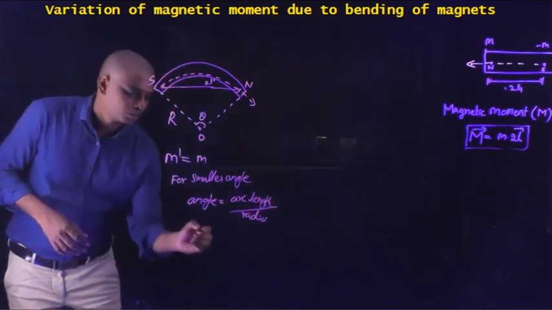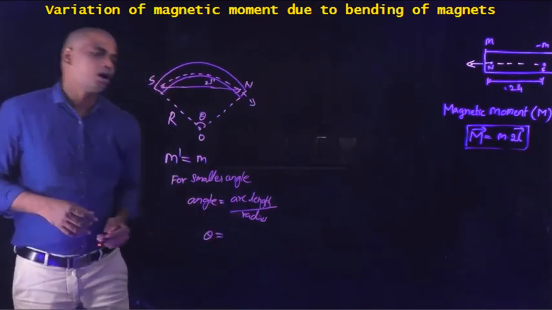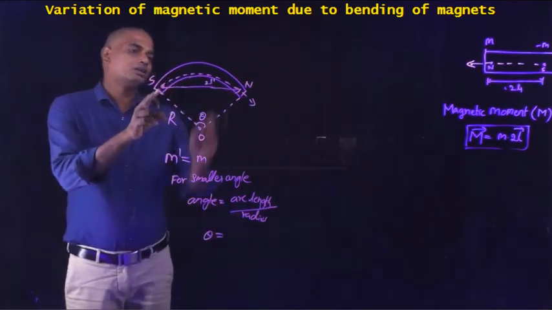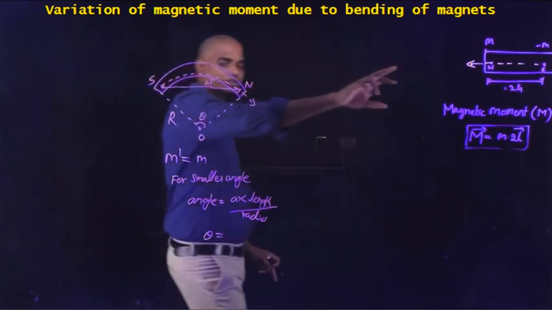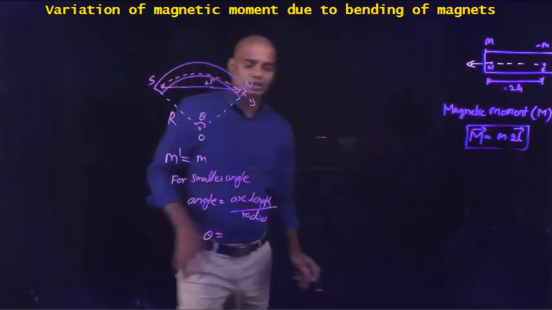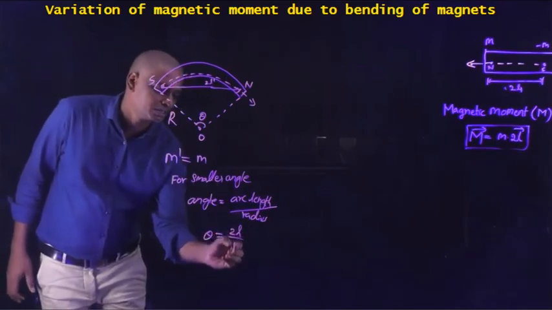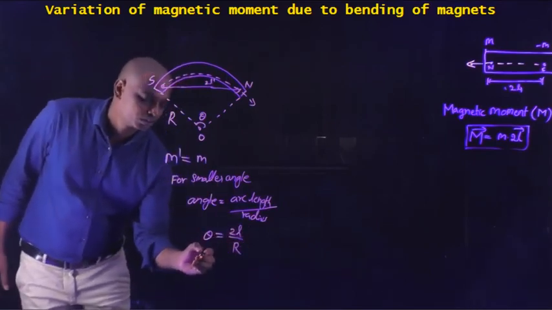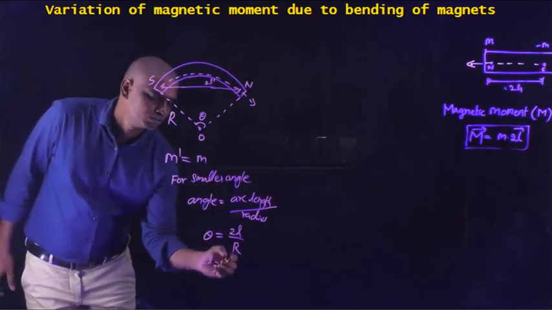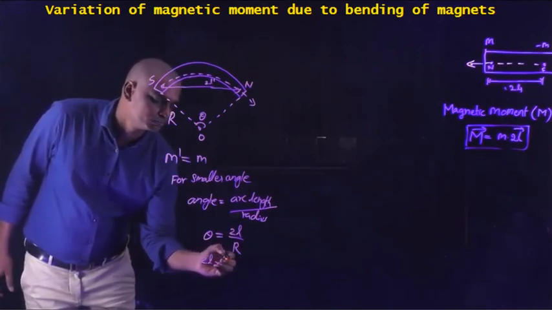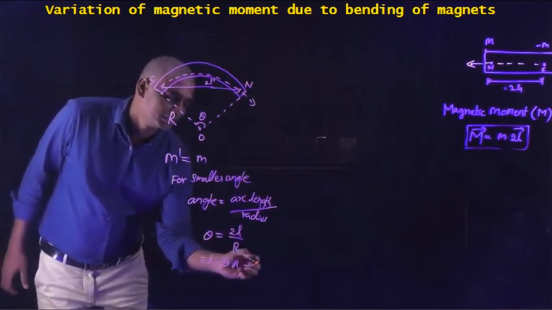So the angle theta is equal to the arc length divided by the radius. The length of the arc is nothing but the magnetic length of this bar magnet, which is 2L. So theta is 2L by R, therefore 2L is equal to theta into R. Let it be equation 1.